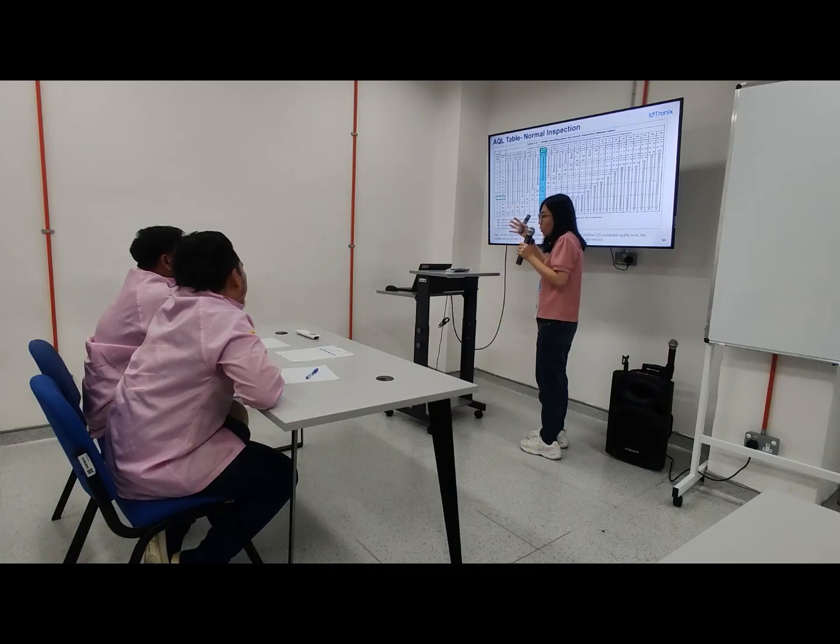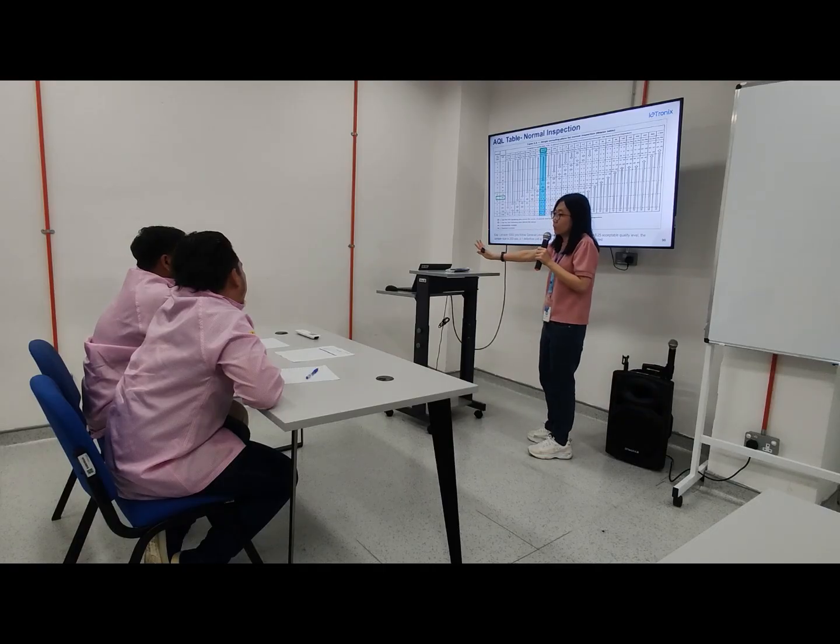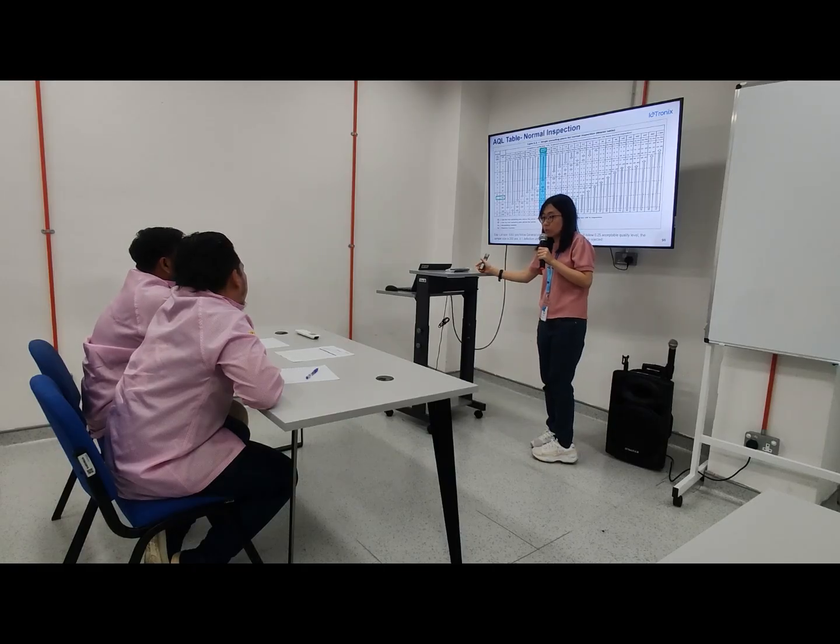Because from the whole lot we choose the sample size, and then this sample size already has a reject quantity of more than 2, so the whole lot will be rejected. Normal flow will be, this whole lot will be rejected back to production, and the production will conduct 100% pre-screening or inspection again. And after they conduct it, then only they send another batch to QA for inspection. Okay?